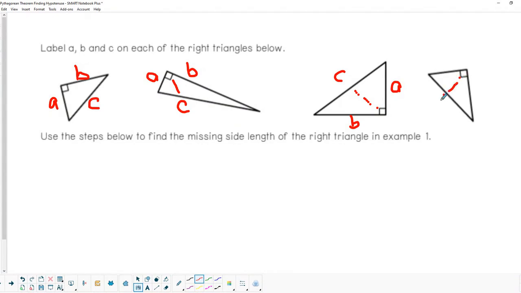Here's C, A, B. And that's all you need to do on this slide. This little section right here is not needed.